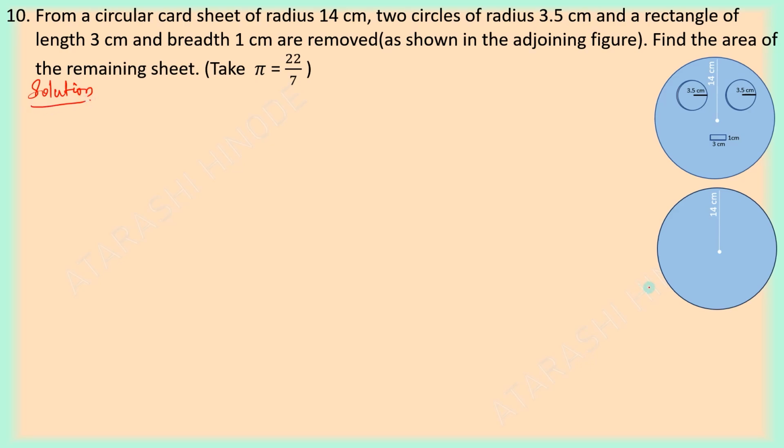First, let us find the area of this circular card sheet. First, let us write the radius of the circular card sheet. Equal to, it is given 14 centimeter.